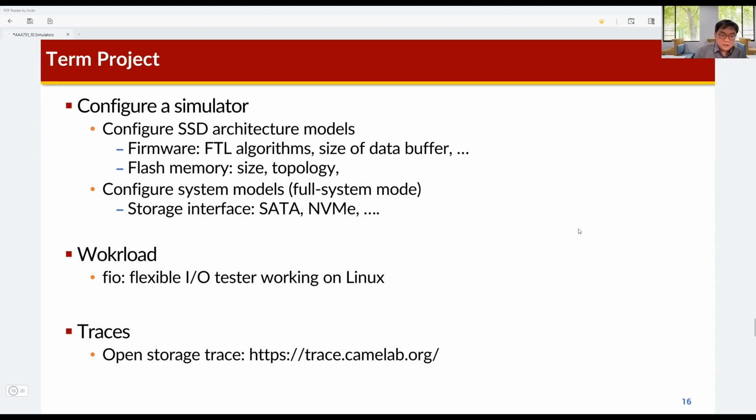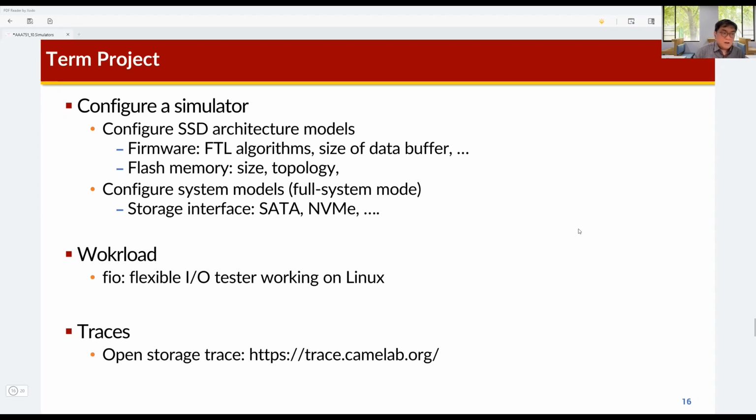Okay, and then you can also configure the system model, like in the full system model of the simple SSD. You can change the storage interfaces such as SATA or NVMe or UFS in the simple SSD. And if you use the full system mode, then you can run a workload such as a storage benchmark, such as FIO, a flexible IO tester.